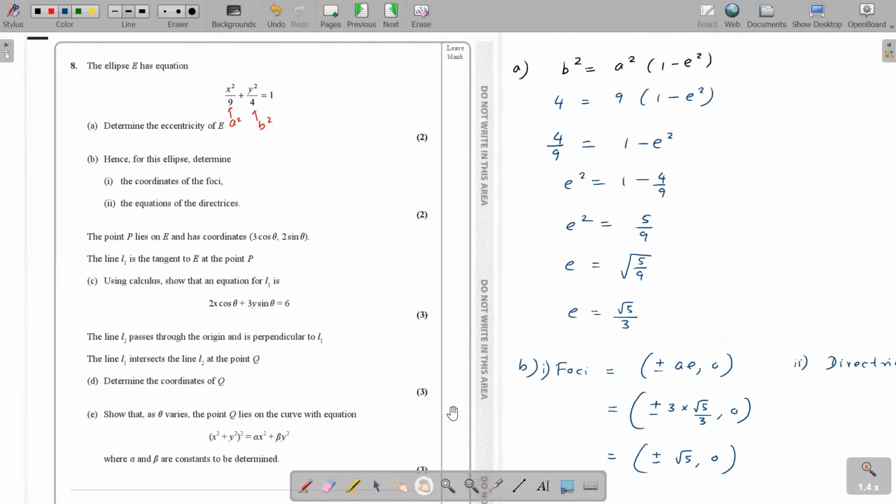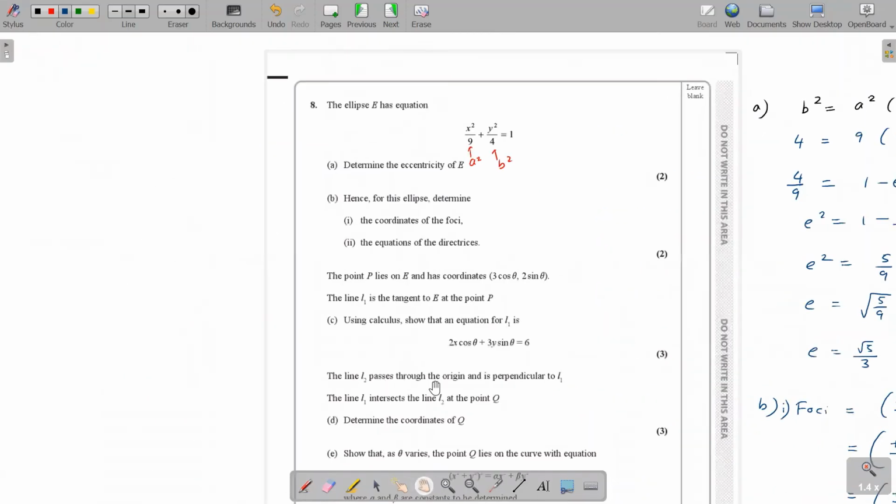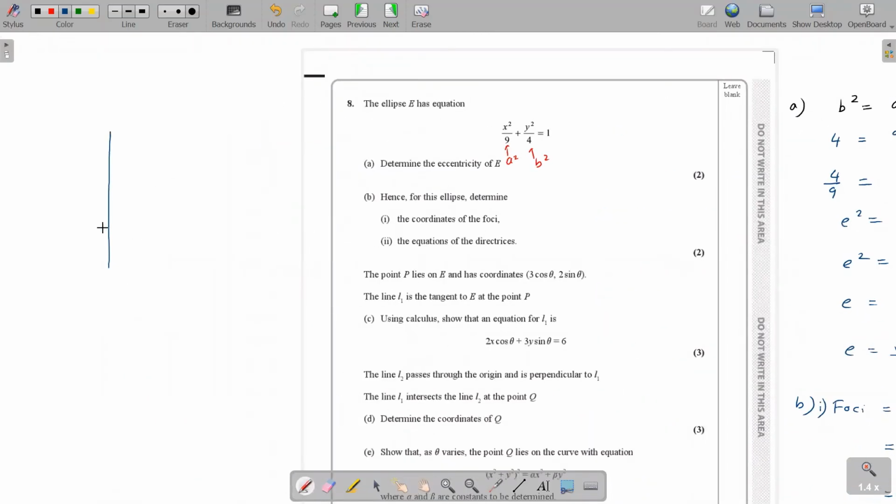The point P lies on the ellipse and has coordinates 3 cos theta, 2 sin theta. The line L1 is the tangent to the ellipse at the point P. Using calculus, show that the equation for line L1 is 2x cos theta plus 3y sin theta equals 6. How do we do this? If you draw a small visual diagram, what's going on here? You have your ellipse.